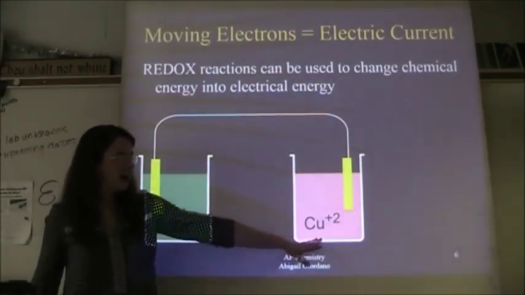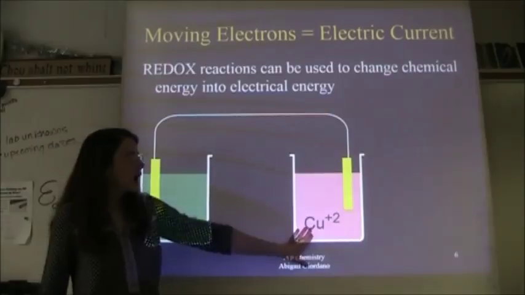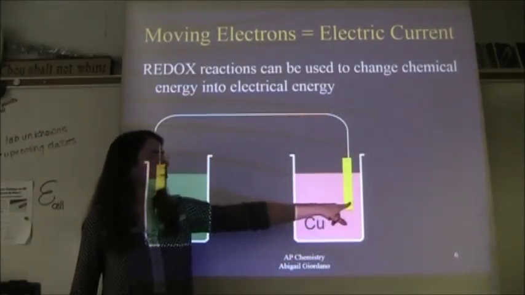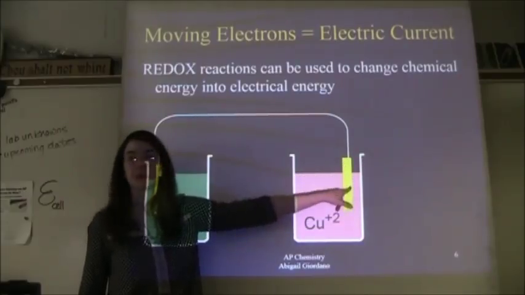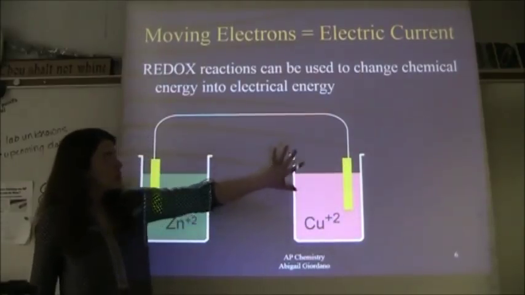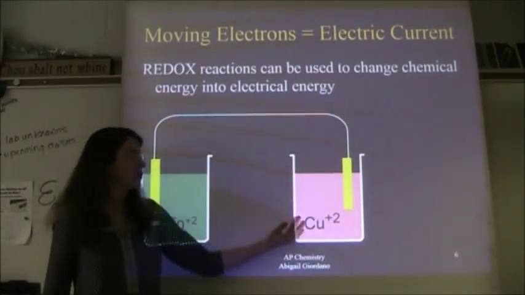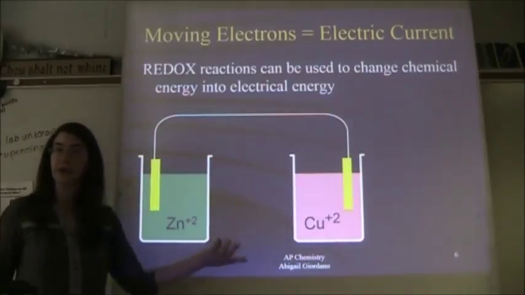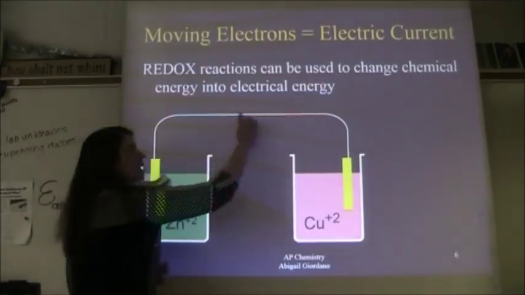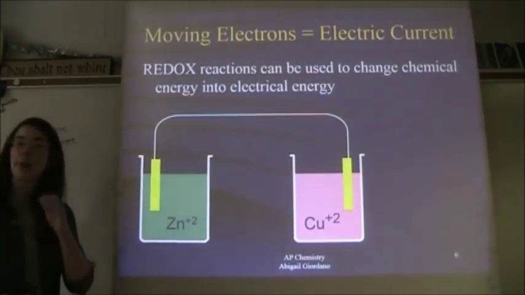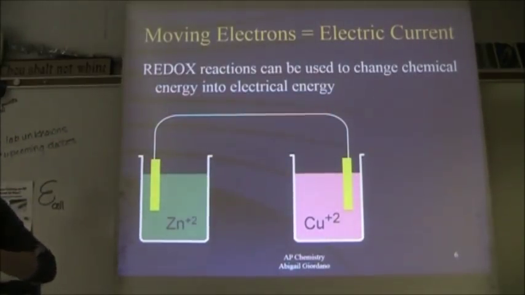On this side, you've got a beaker, you've got a bar, this would be a bar of pure copper metal, which is immersed in a solution that has copper ions floating around in it. These two metal bars are connected with a copper wire.